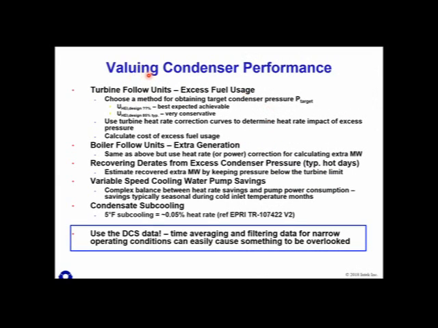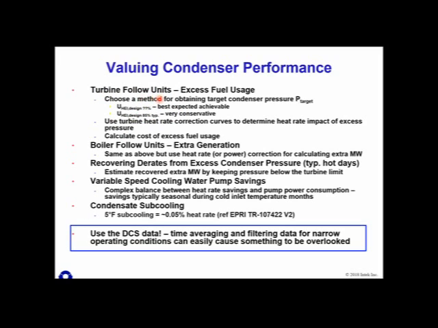And so, valuing condenser performance: the way you operate the condenser changes how you value it. If you're in turbine follow mode, meaning you're trying to hit a dispatched electrical generation, the cost of excess back pressure is the cost of extra fuel, which is a lot.